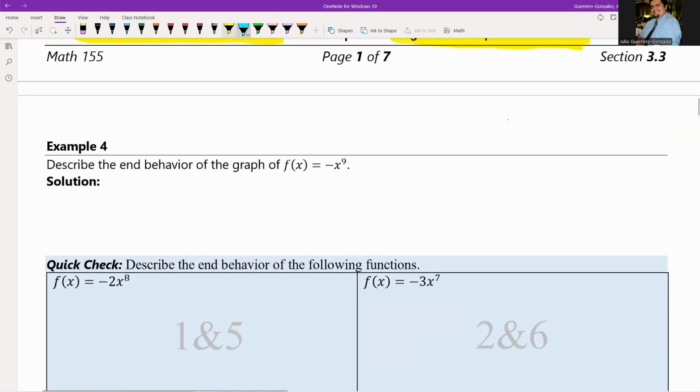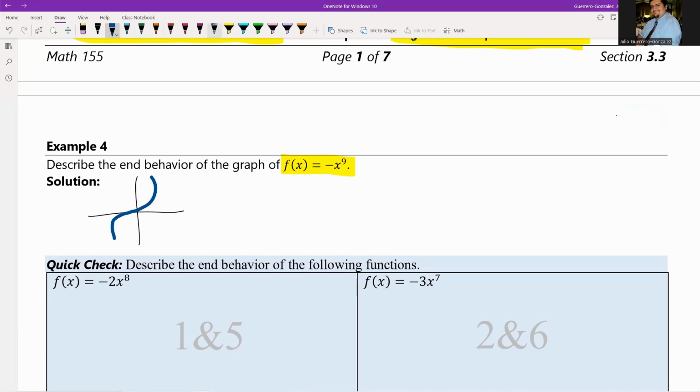Let's say I wanted to describe the end behavior of negative x to the 9th. I'm going to draw a very crude graph here, with no detail. It's x to the 9th, so that's an odd power. That means our graph should start from down here and go up that way.